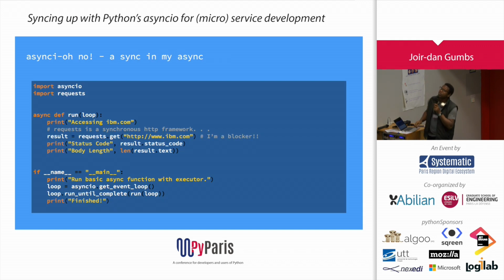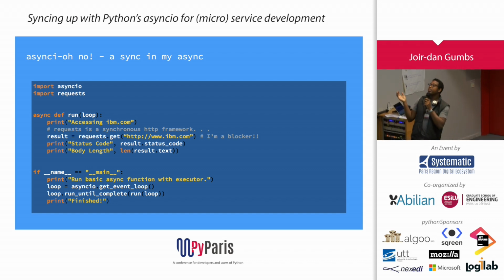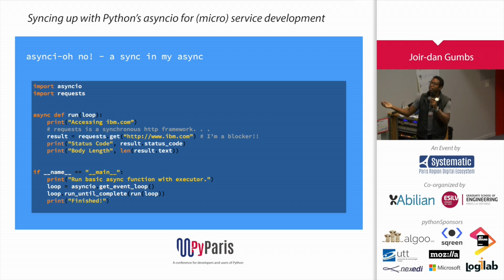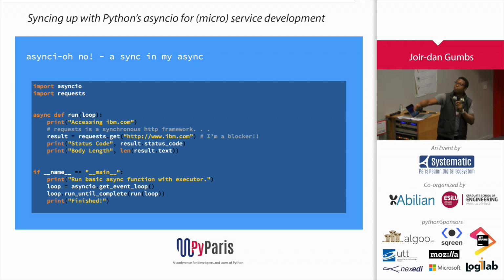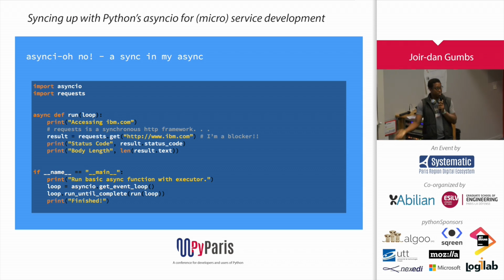So here's an example. All I've got here is I'm trying to access the IBM website, and I want to get the status code and the body length. But in this case, I'm not using an asynchronous framework. I'm using requests. Requests is synchronous.